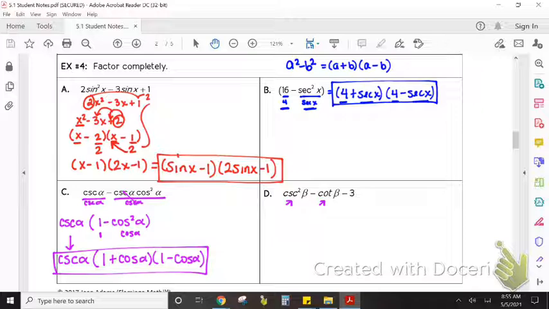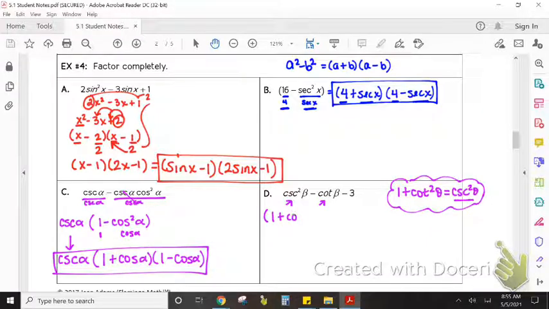We have that Pythagorean identity that says that 1 plus cotangent squared equals cosecant squared. Okay? So we can already see that cosecant squared is equal to 1 plus cotangent squared. So where I have a cosecant squared here, I'm going to plug in 1 plus cotangent squared for it.